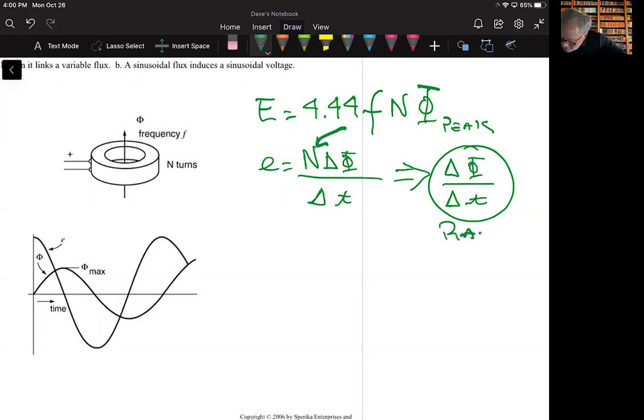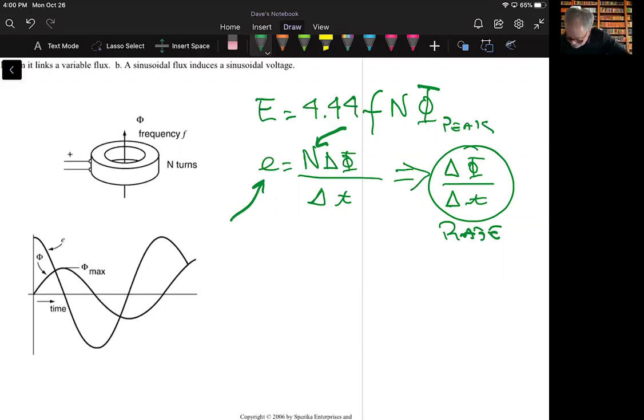If you have a very large change of flux in a very small amount of time, you're going to have a very large voltage. The greater the rate of change, the faster this is happening, the larger this instantaneous voltage, little e, is going to be.